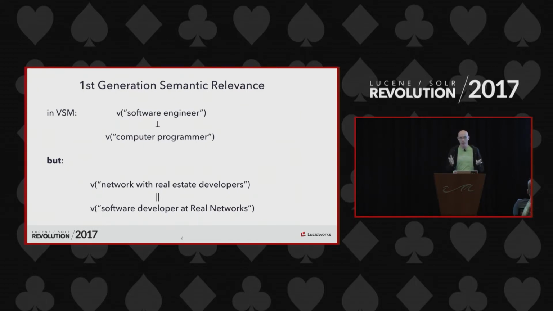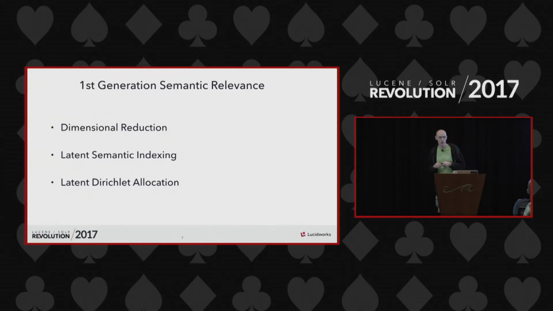To move beyond that, there have been a bunch of different approaches over the years, and they generally fall in the realm of finding a factorized model, a dimensional reduction from the 100,000 dimensional space you start in for the original vector space model. They range from using the Johnson-Lindenstrauss lemma, which says you can just randomly project without any smarts at all and you'll actually preserve distances in a lower dimensional space, up through latent semantic indexing, which is a matrix factorization approach, or a more probabilistic approach with latent Dirichlet allocation.